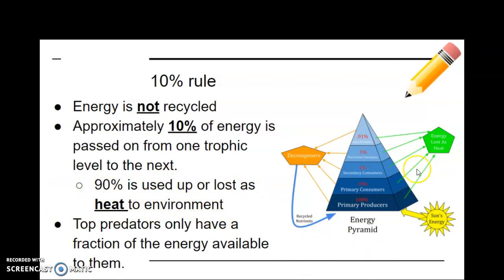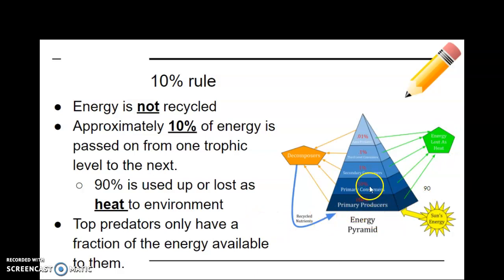So if we look at our energy pyramid here, producers make as much energy as they can, and they have 100% of the energy. It's 100% of the energy that's going to supply the entire ecosystem. But the producers use most of that energy for their own work, so 90% of it escapes.